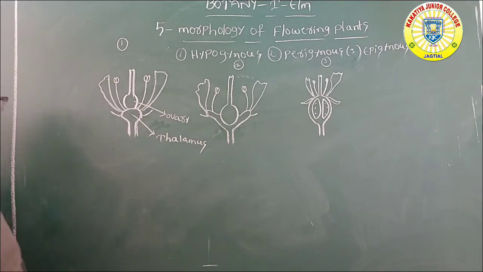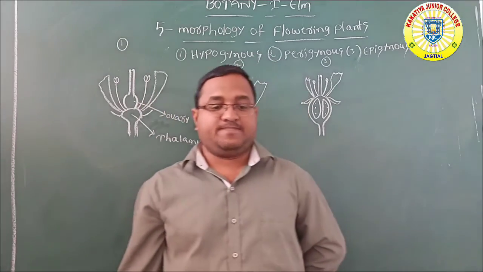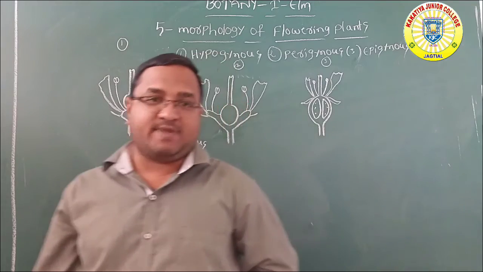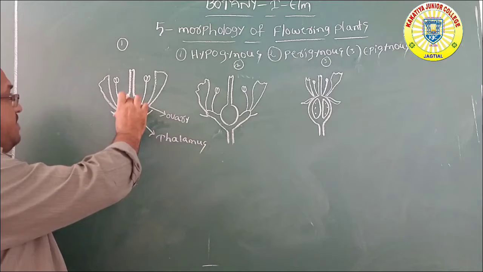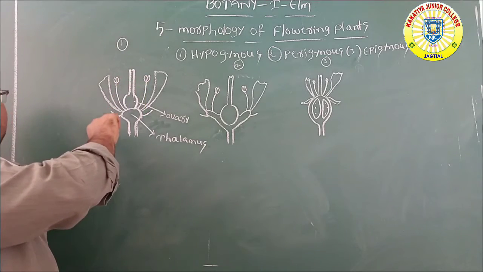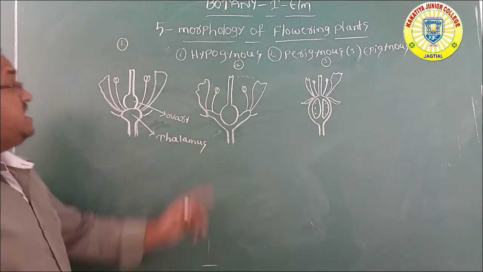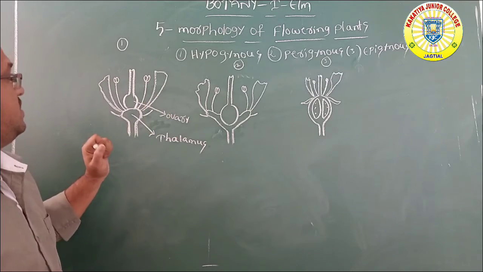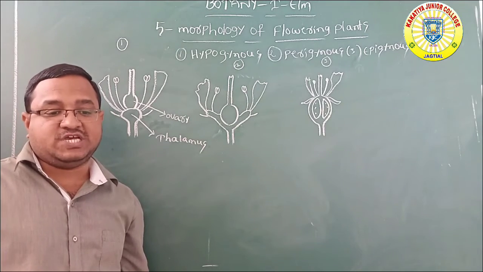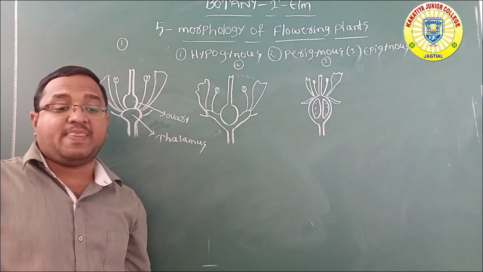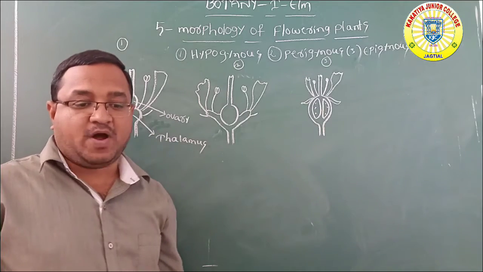So what is hypogynous? In this hypogynous flower, the gynoecium occupies the highest position. Here this is the gynoecium: stigma, style, ovary. The other parts are arranged below it.